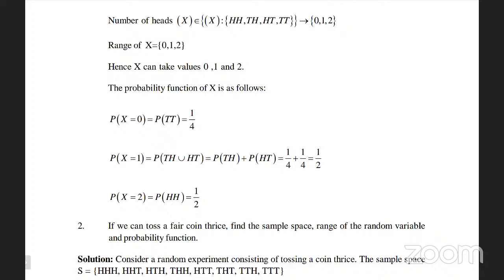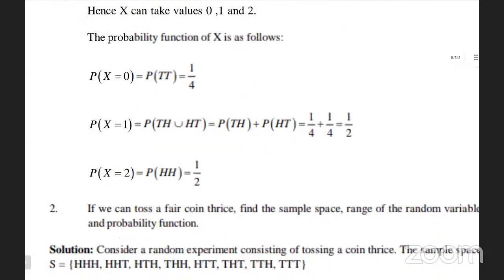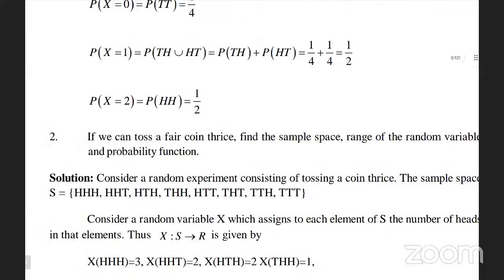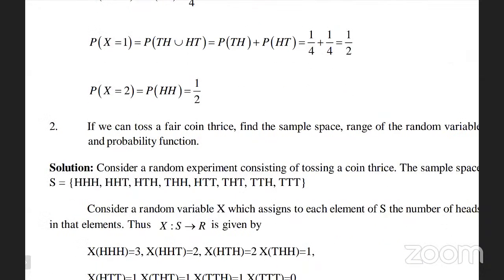HH ఉన్నటువంటి మొత్తం ఎన్ని ఉన్నాయి? 1. మొత్తంలో 4 కాబట్టి 1/4. అది 1/2 కాదమ్మా, అది 1/4. కరెక్షన్ చేసుకోండి. P of X ఈక్వల్ టు 2 ఈక్వల్ టు 1/4. ఇస్ ఇట్ క్లియర్? ఓకే సార్.